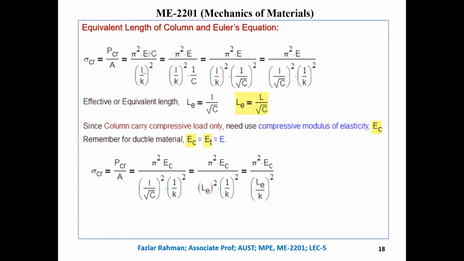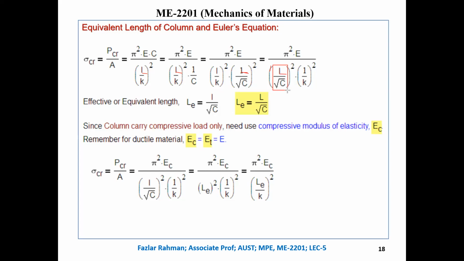Now this C, I can take it in the bottom, so then it will be 1 by C. Now I take out 1 by K square, and this L square we put in the bracket. So in the bracket, what are you getting? L by root over C, which we can say is LE.